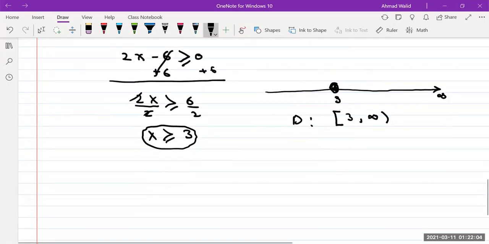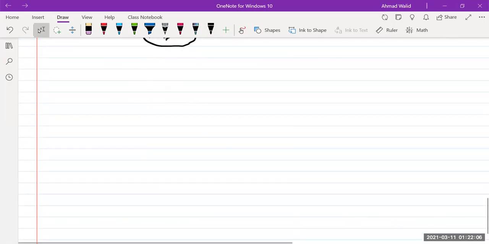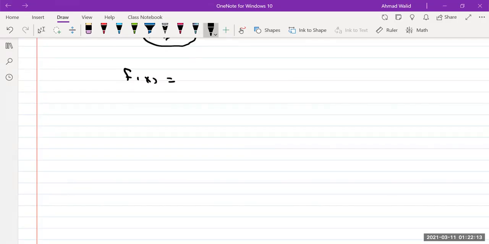One more example that a lot of students make mistakes with. Focus here. f of x equals, I'll take a very simple one, a square root of, let's say, 8 minus 4x.